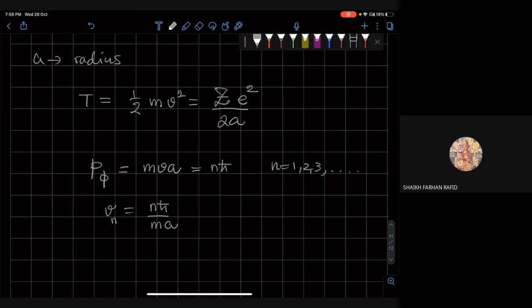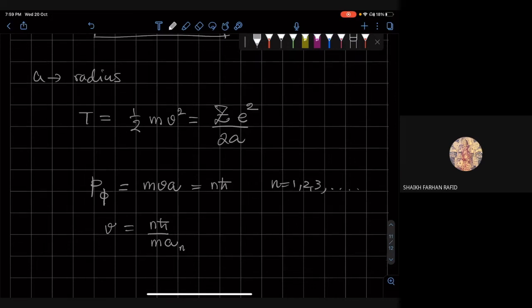Okay, actually, it's better to see it as the allowed values of the radii.